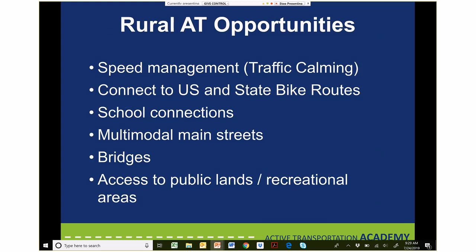So then we'll also talk about opportunities. So we've talked about all of the concerns and constraints, but what are those specific opportunities that your community might have that others don't?